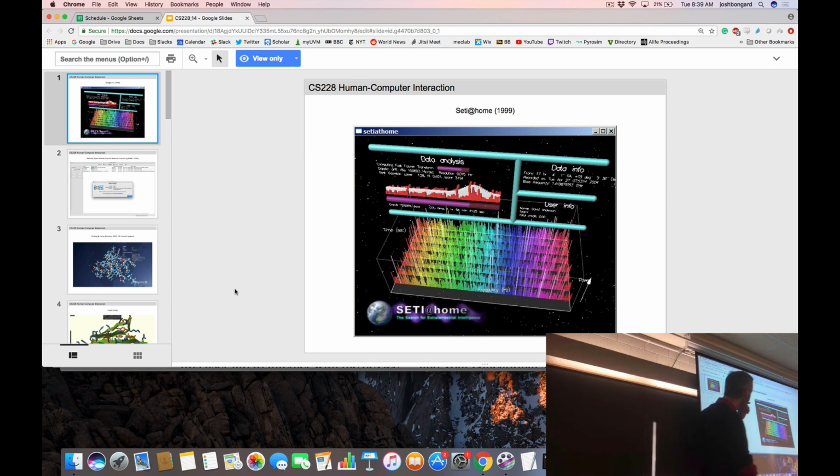You can go and read about SETI at Home now. It's been running continuously for about 19 years, and there's been a spectacular number of people and computation thrown at this problem. It's a relatively straightforward idea. There isn't much that you need to do other than download and install and run the SETI at Home application on your laptop or desktop.